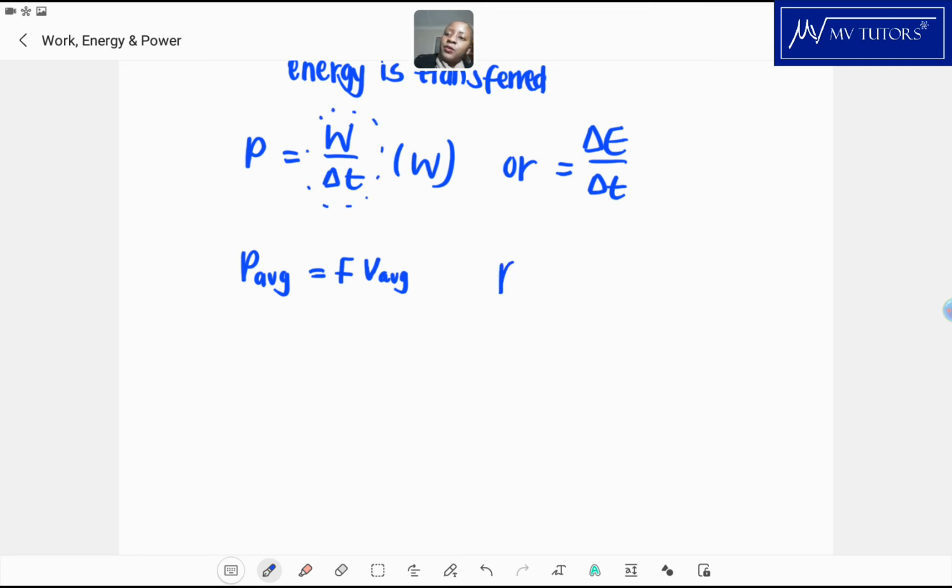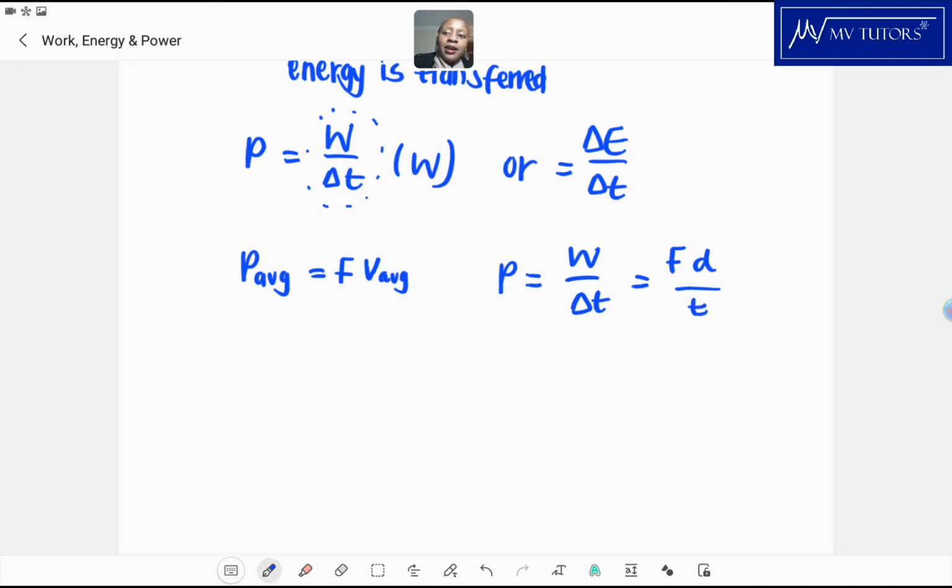If you look at your equation over here, if you're wondering where force and velocity come from, you have work over delta T. Remember that work is actually force times displacement. I'm not going to put in the cos theta because that really depends on the angle between the force applied and the direction of motion of the object. Then you have time there.